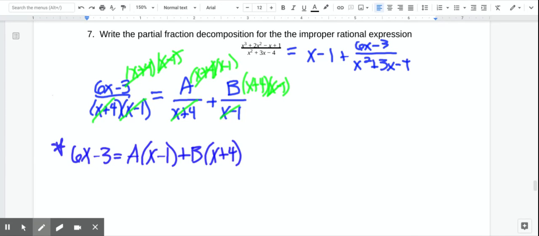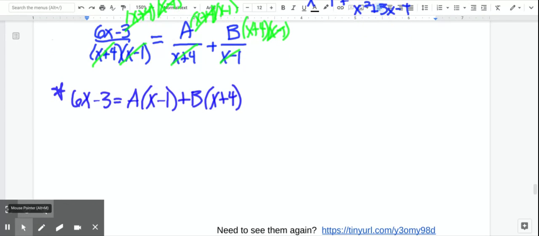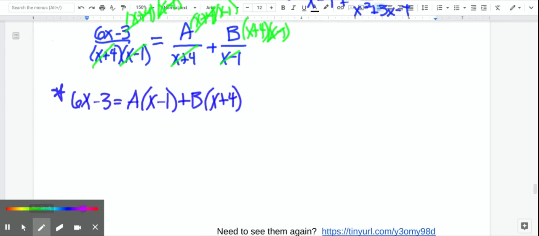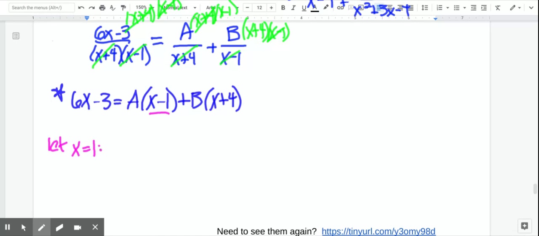And that's the equation that we're going to work with and plug into. These are kind of the simpler ones where we just get to pick things for x. So the first thing I'm going to choose is I'm going to let x equal 1. I am going to do some of this in my head, but I'm plugging in 1 into all of these spots. So that gives me 3 equals A times 0 plus 5B. So it looks like B is 3/5.